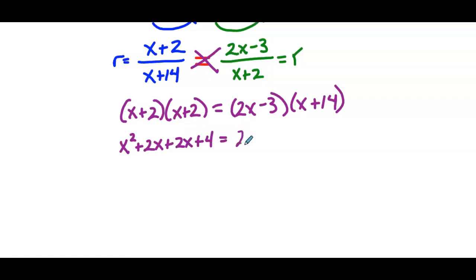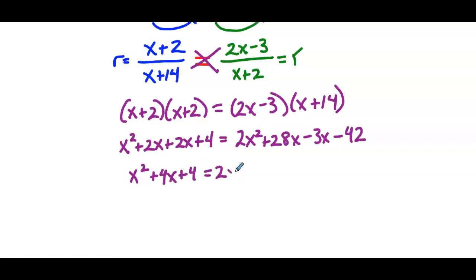On the right side, we have 2x squared plus 28x minus 3x minus 42. Combining our like terms, x squared plus 4x plus 4 equals 2x squared plus 25x minus 42.